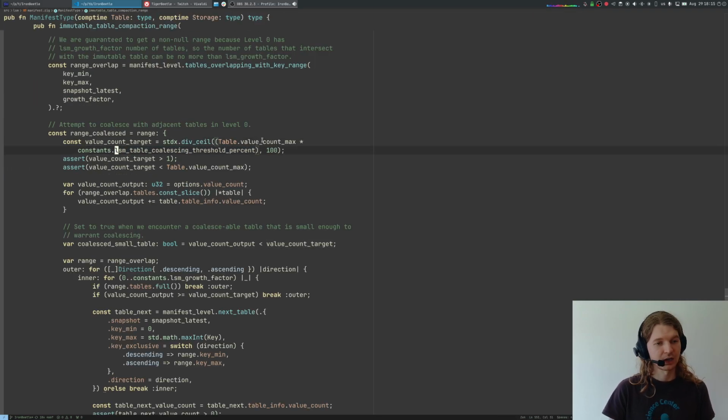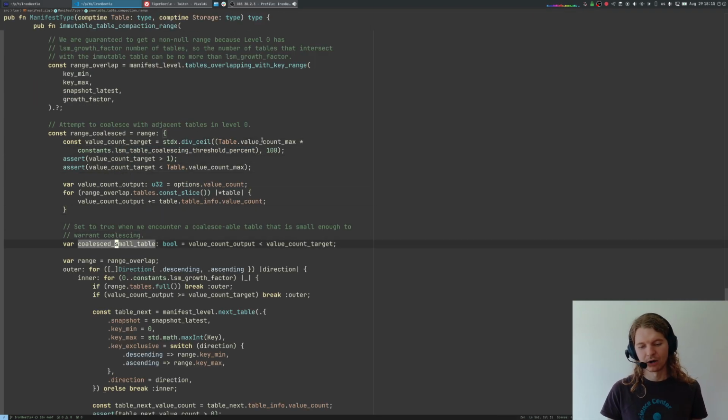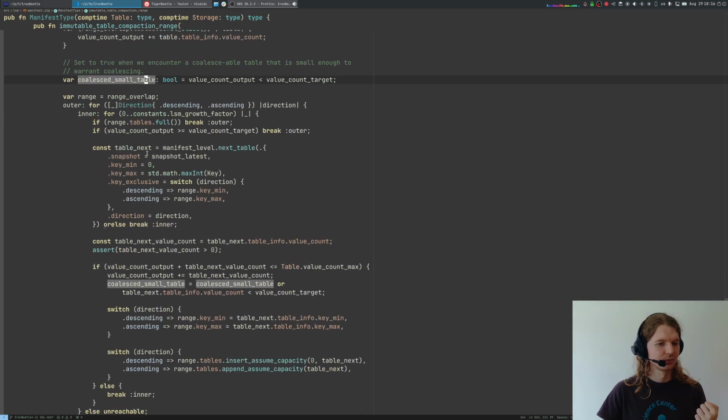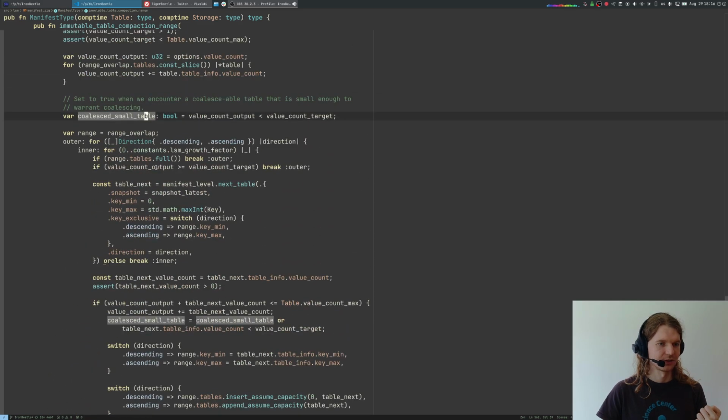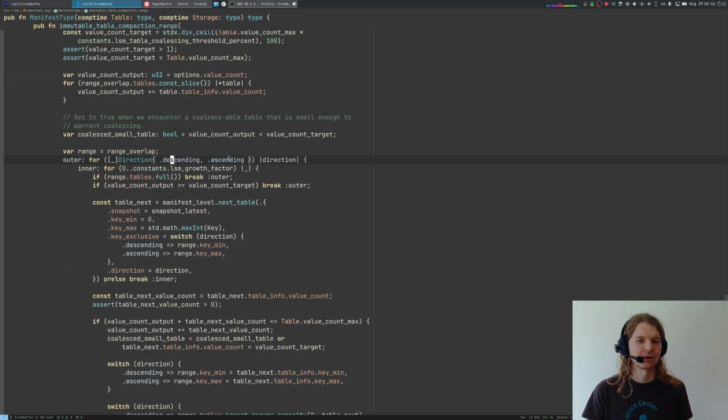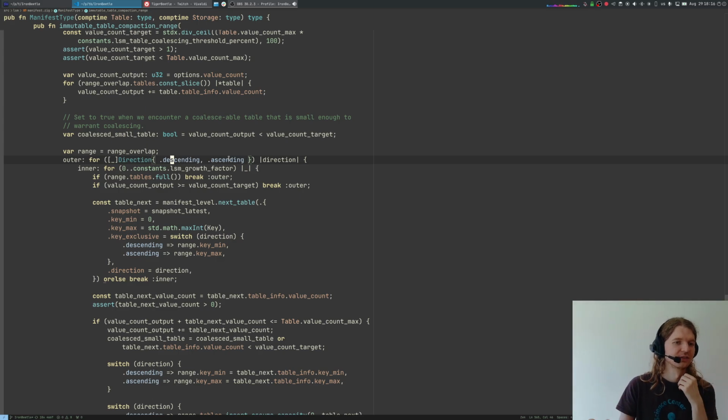So we computed the upper bound on the number of values which could be the result. And if this number is less than half of a full table, then we try to run some coalescing. Okay. And I guess we are trying to extend our range to the left and to the right.